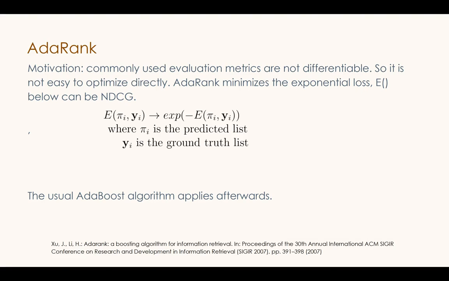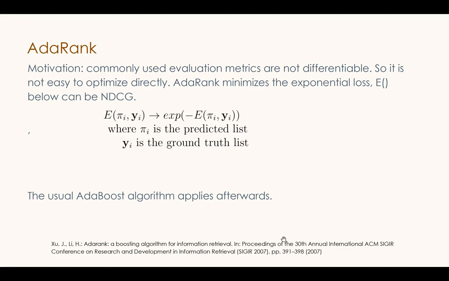In listwise ranking algorithms, we try to optimize the evaluation metrics directly, for example, NDCG. But the problem with NDCG is this function is not differentiable. So you cannot take the gradient. So it's going to be hard to optimize. Instead of optimizing the metric function itself, we take a look at the exponential function of the loss.